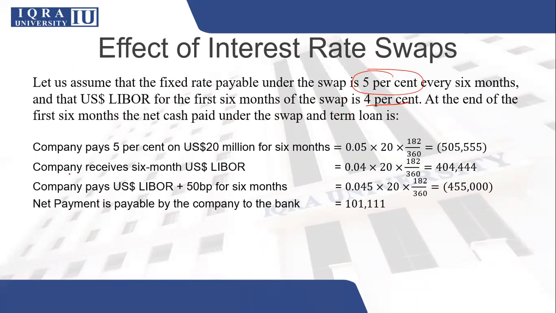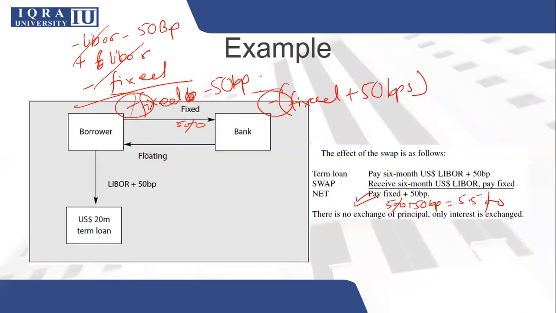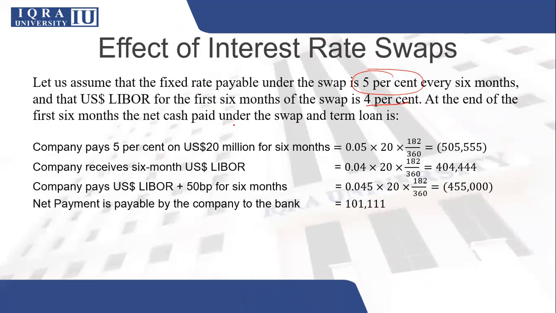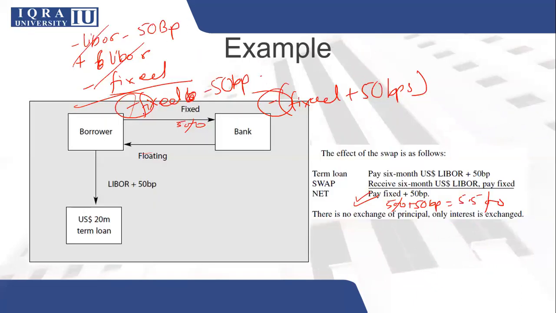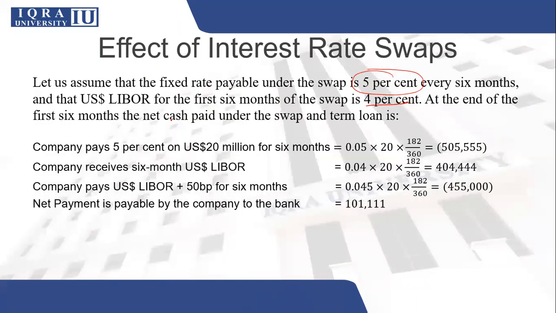So let's calculate this. Company pays 5% on US dollars. So the company is paying 5% to this bank over here. If we calculate the amount for this, it will be 0.05 times 20 million, the notional principal, and then it's for 6 months, so 182, and because you're dealing with dollars, 360, so you get negative 505,555.